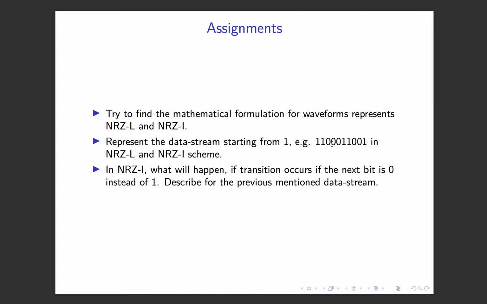And the third problem is a little bit interesting. In the NRZ-I scheme we have seen that if there is a 1, there is a transition. We are now thinking about just the reverse of that: if there is a 0, there is a transition, and if there is a 1, there is no transition. Then what change will we see in the entire system?